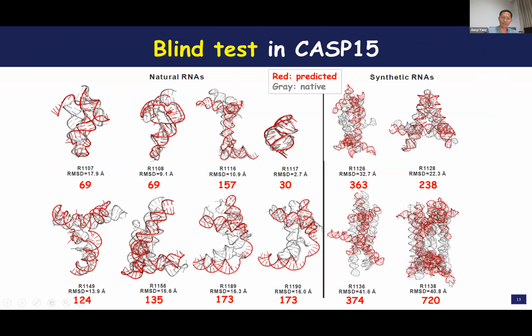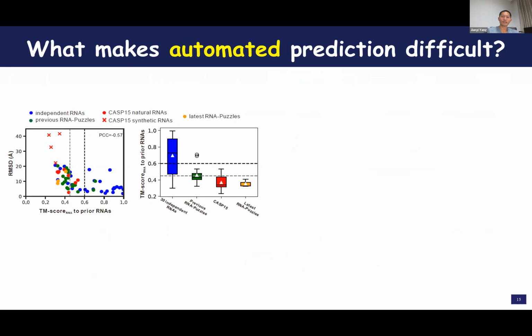This can be explained by this difficulty increase: the TM score decreasing means the difficulty increases. So from the blue to the green, the targets become harder. And you can see the RMSD of our prediction gets higher. So this match explains a lot, in my opinion.